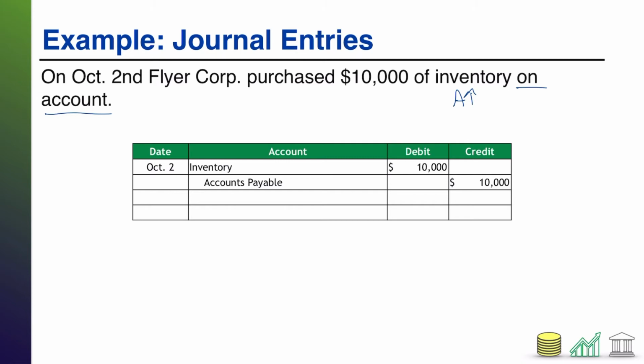In other words, you have a debt in the course of business, a payable. When we say on account, we're really referring to accounts payable. That is a liability going up because we now owe for this thing. So it goes second as our credit, indented a little bit to the right, credit 10,000. Debits and credits are equal, A up, L up, and A equals L plus SE is in balance.